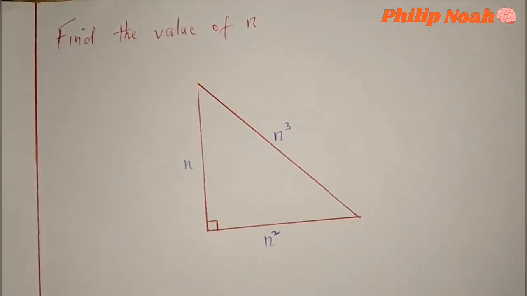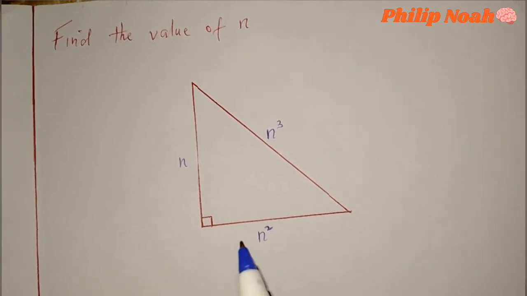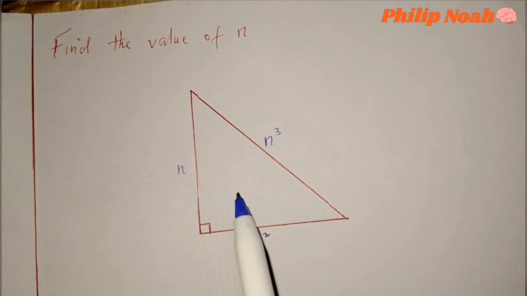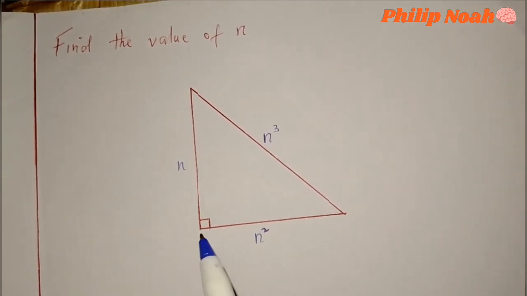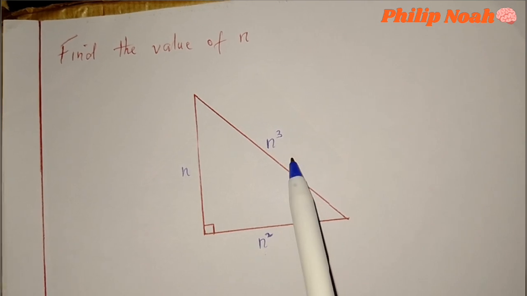So first of all, for the first step, we shall use the Pythagoras theorem to connect these three sides of the right angle triangle, this n, this n squared, and the n cubed.